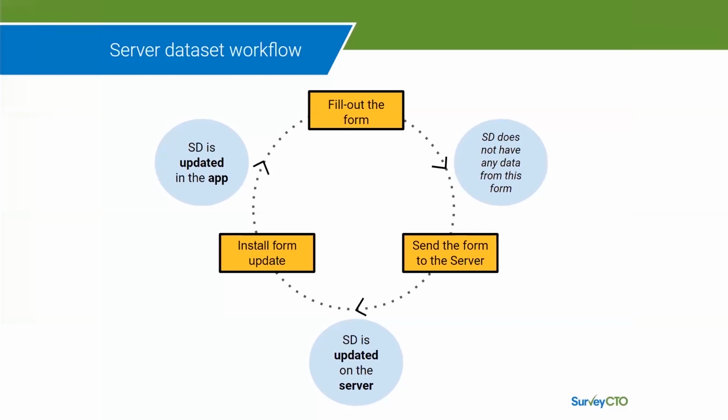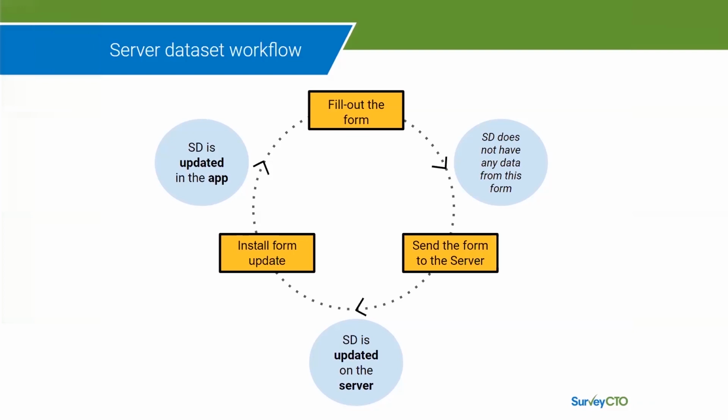As soon as the submission is sent to the server, the dataset gets updated, but only on the server, not in the app. So if the same or a different enumerator starts a new blank form and pulls out values from the server dataset, it will still not consider this submission specifically.